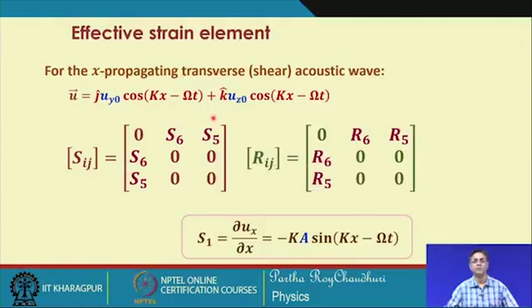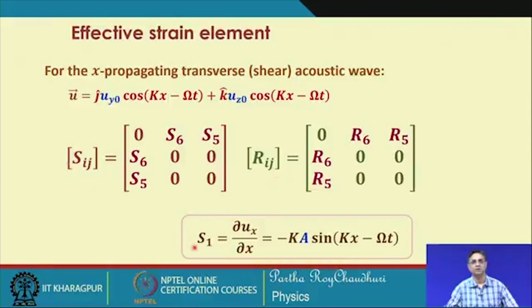Here only the shear strain components will be there, but no longitudinal components, and in this case only these rotation elements will be present. Throughout all our discussion we will not consider the effect of rotation.